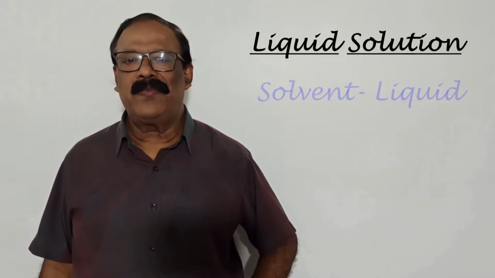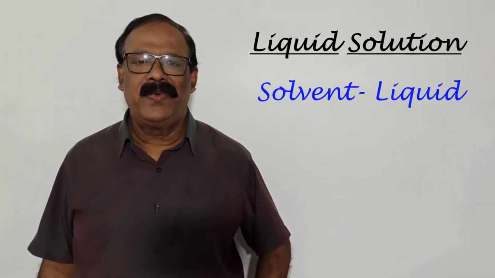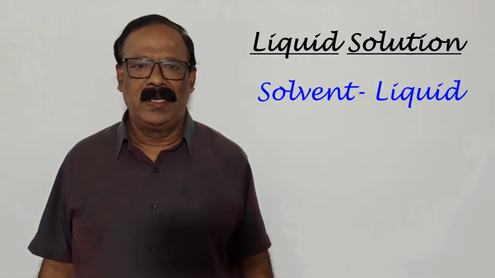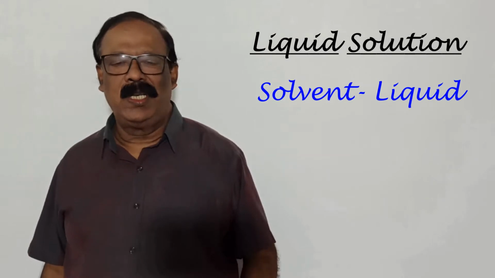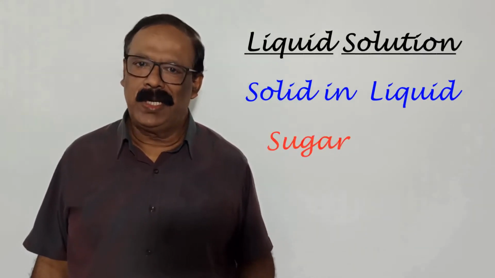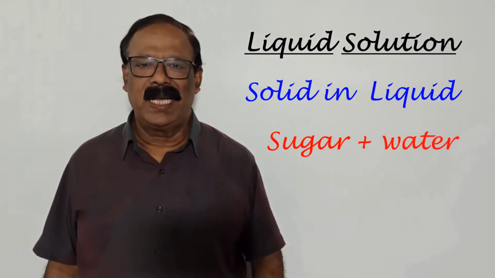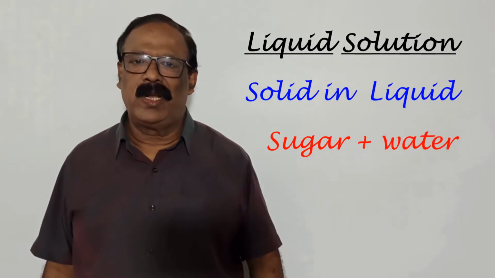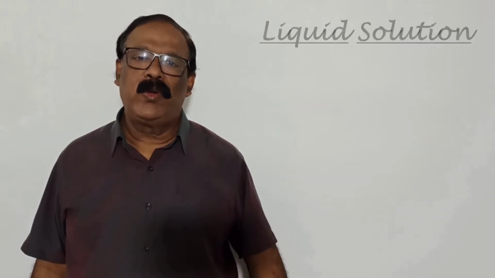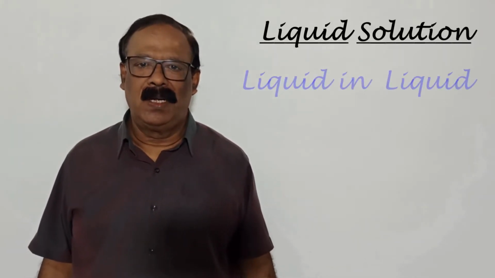Liquid solutions are formed if the solvent used is a liquid. Solid dissolves in liquid. Example, sodium chloride, sugar, copper sulfate, etc. can be dissolved in water. Few liquids are also miscible.